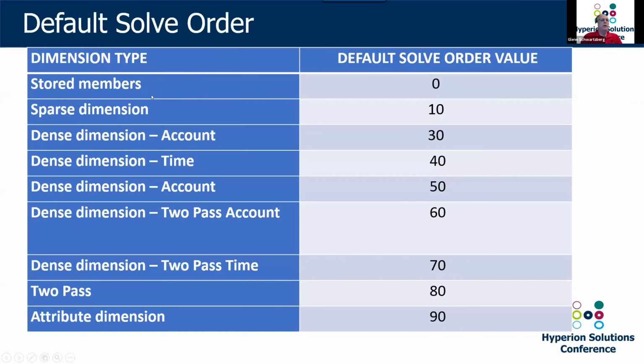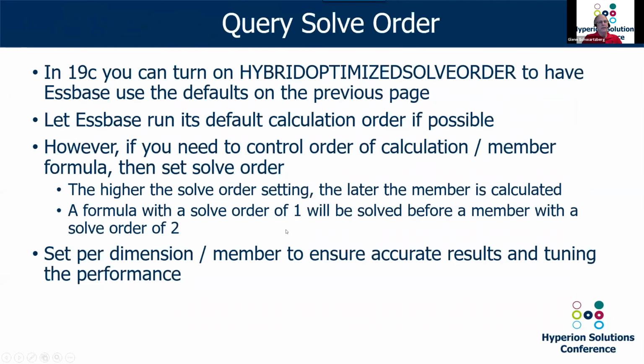Stored members are set with 0, sparse dimensions get 10, and I'm not going to read you all the numbers, but you can see what the order is. This is the default it's going to use in 19C. It doesn't mean that you can't change it on your own, either for a dimension or for an individual member. You can definitely influence it.